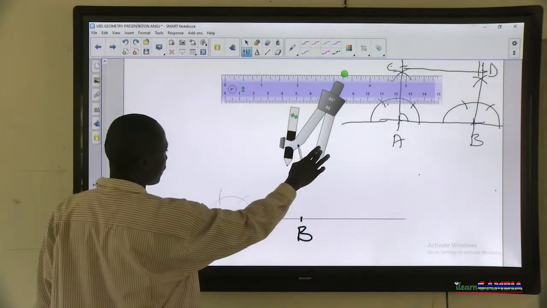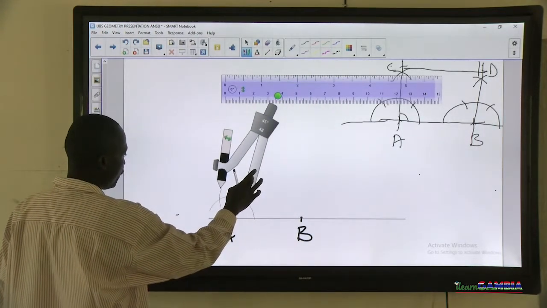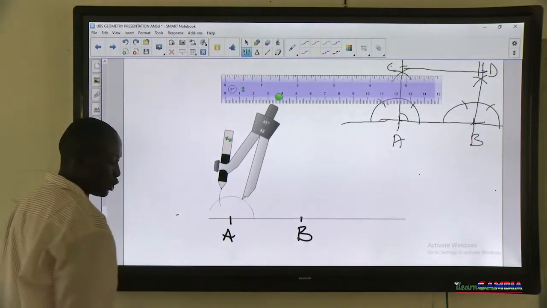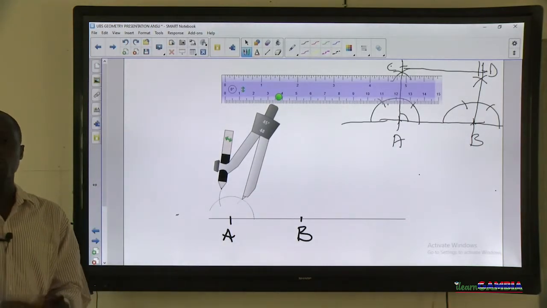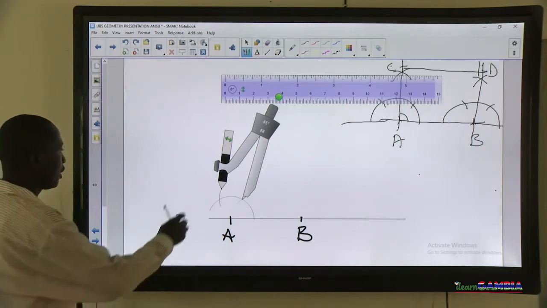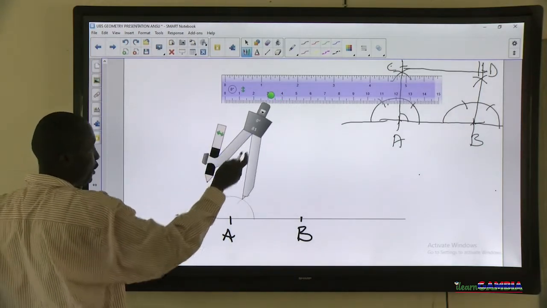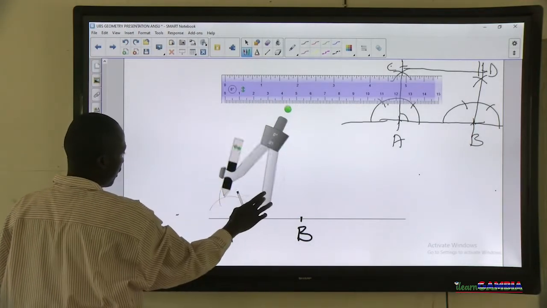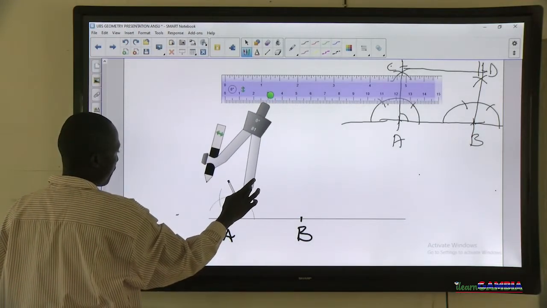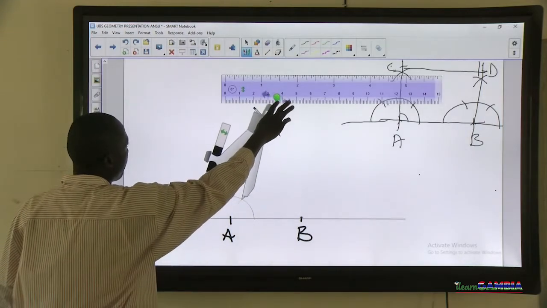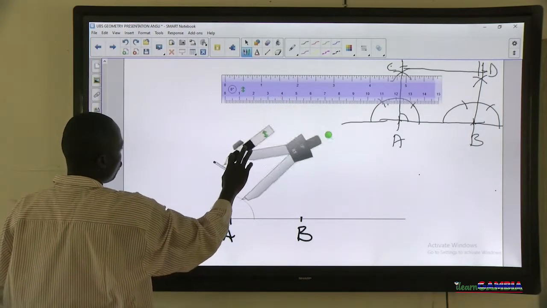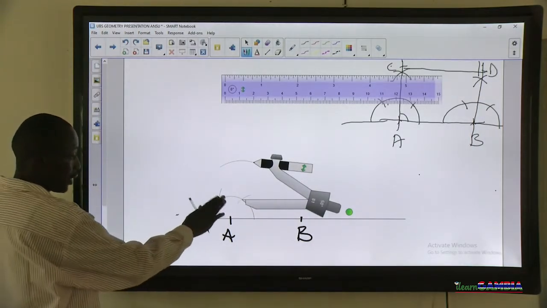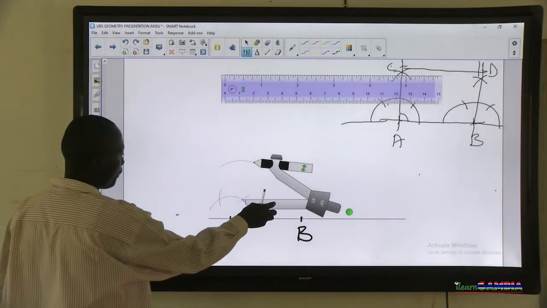I take my compass, put it at the point of intersection here. At that point of intersection, I am supposed to draw another arc. Open to a convenient radius, maybe this is convenient for me, I draw another arc. With the same radius, come to this point here.